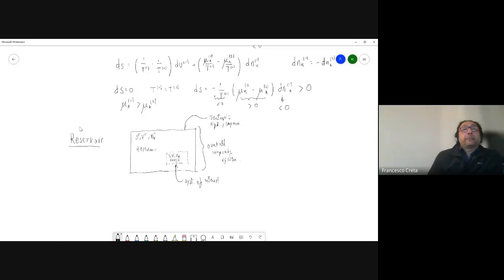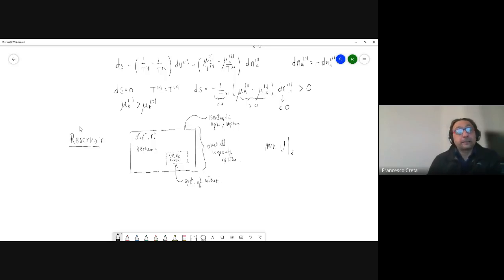What does this mean? It means that this is an overall composite system that is isentropic. And if you remember, for an isentropic composite system, the condition of equilibrium is the minimum of internal energy at constant entropy. So dU equals 0.